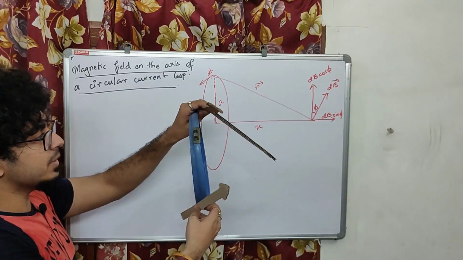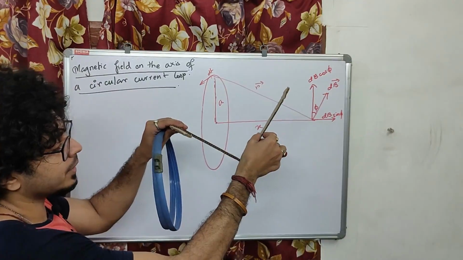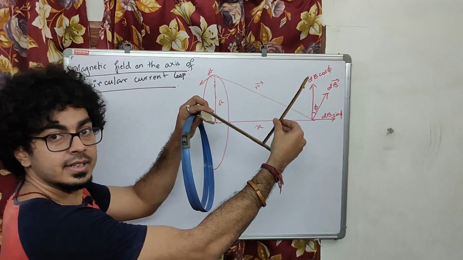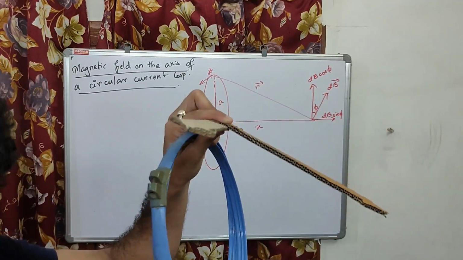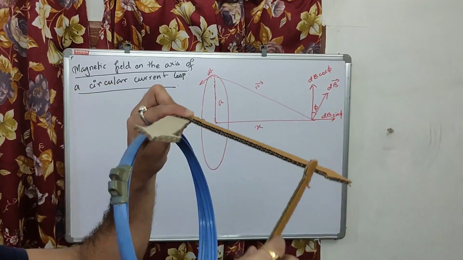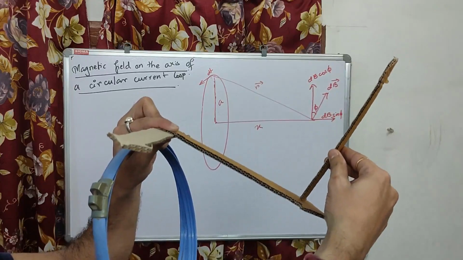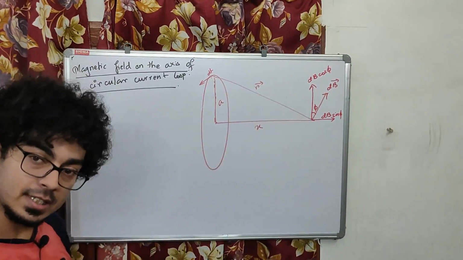So what will be the dB? dB will be in this direction, perpendicular to both r and dL. This is the dL, this is the r, and the magnetic field will be perpendicular to both. So this image is clear to everyone.